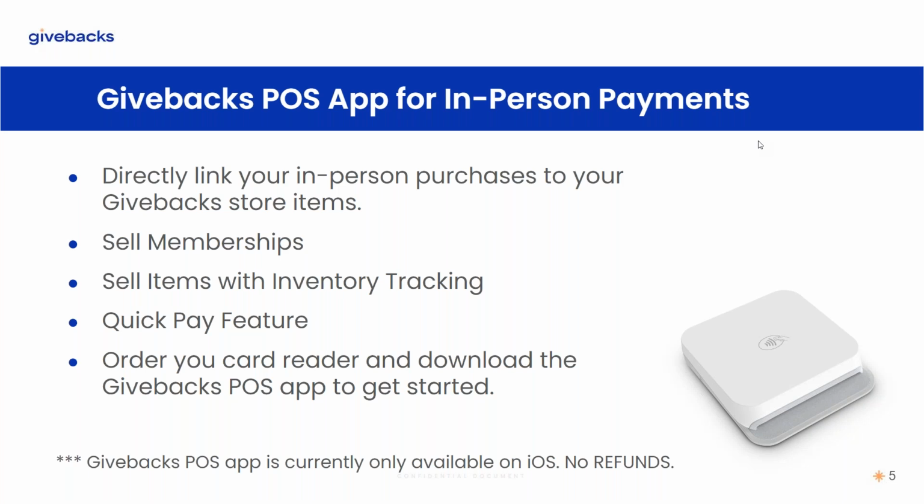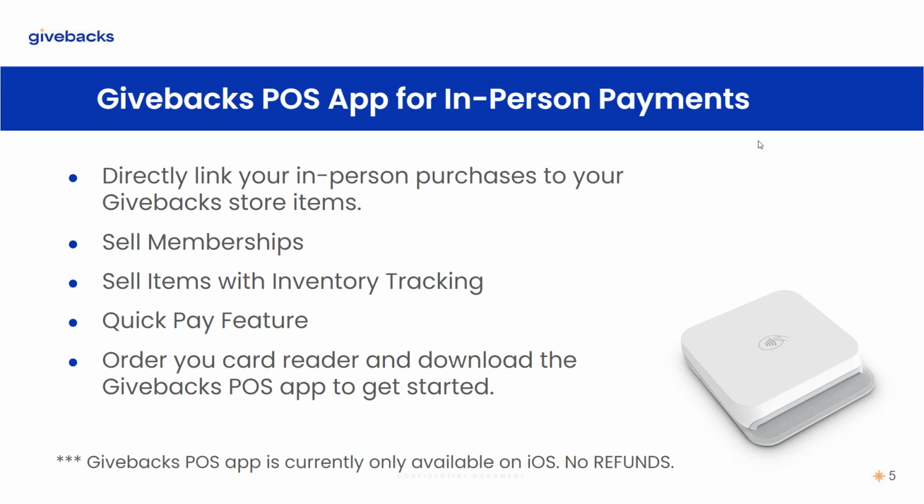And so you can sell anything that you have set up in your store in person. That includes memberships. If you sell the memberships, all that membership data is going to feed into your Giveback site. If you're selling products with the inventory tracking on, it's all going to connect with your store.